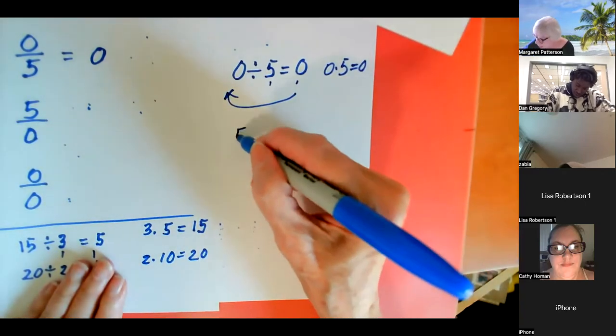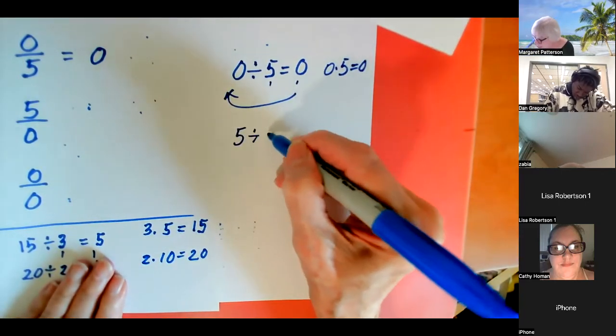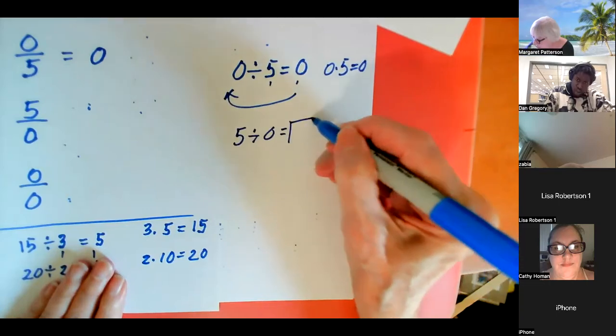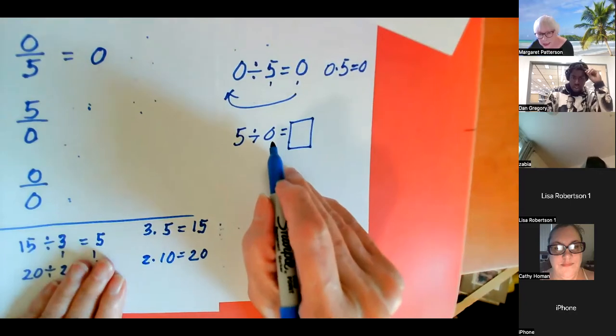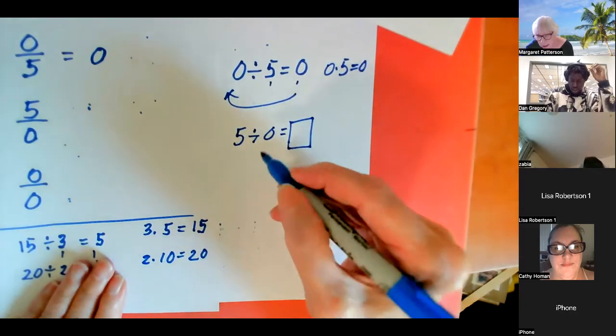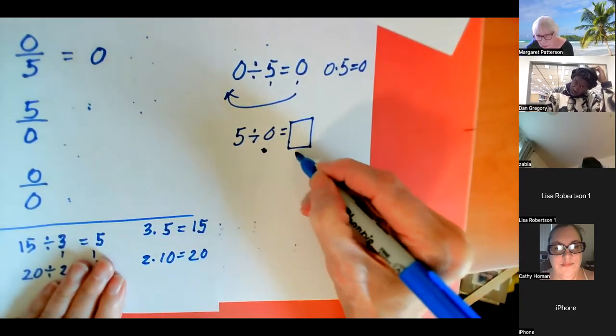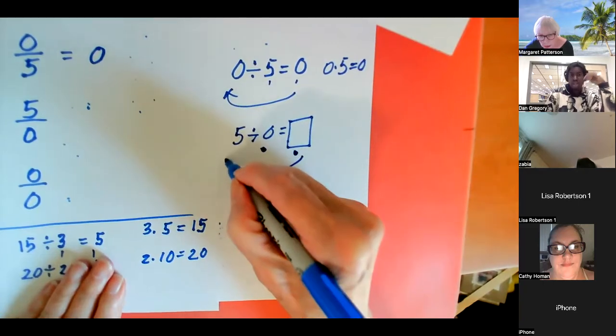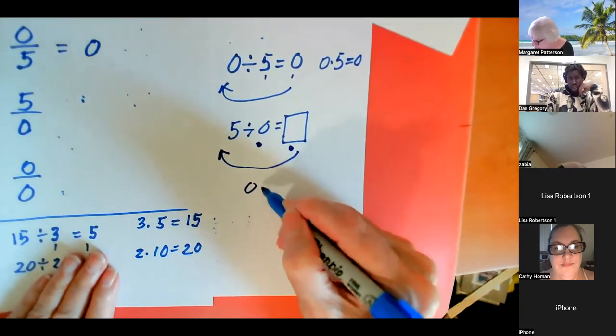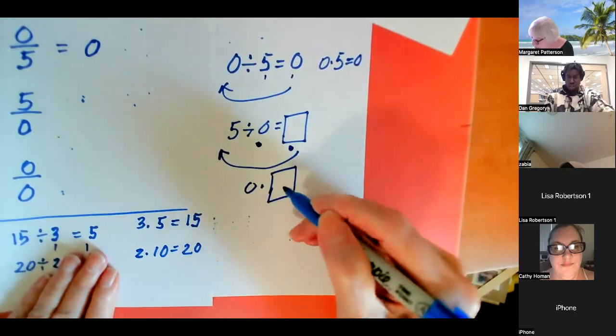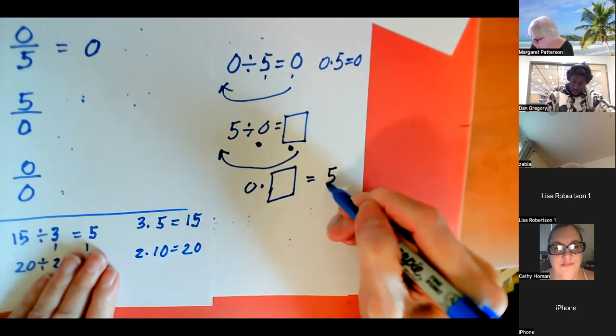Now, 5 divided by 0 is what? If it has an answer, then this number multiplied by this number should bring it back to 5. So that would mean 0 times the number we can't figure out is 5.